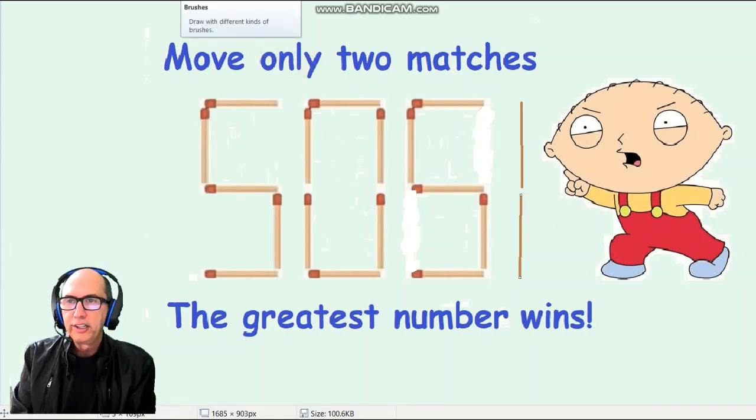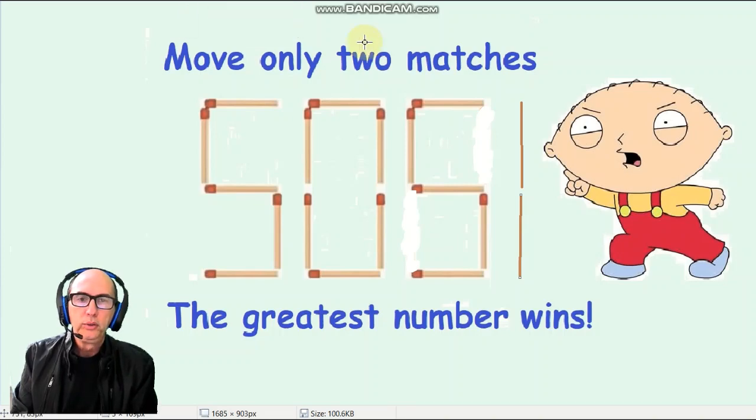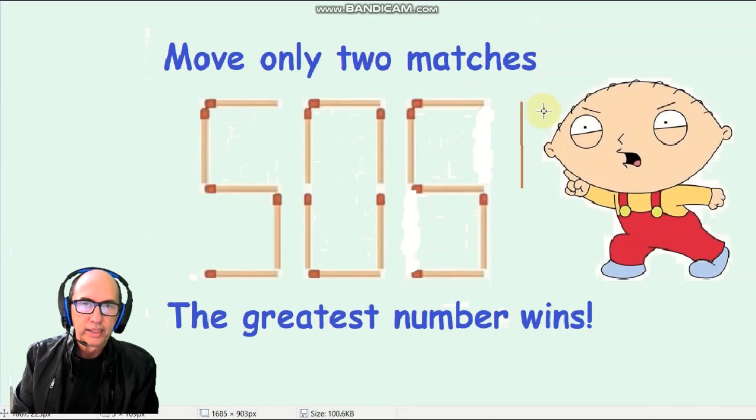But there's a thought, there's an idea. What about using our knowledge about exponents? And now we use the sticks as a power. So 505 to the power of 11.